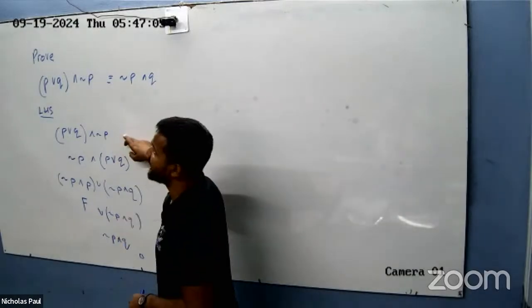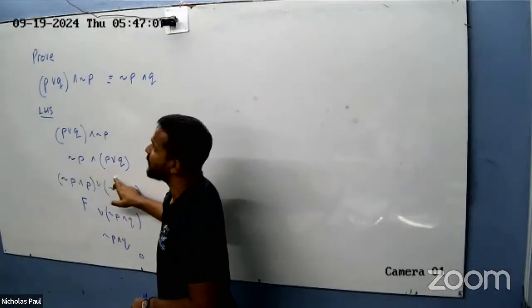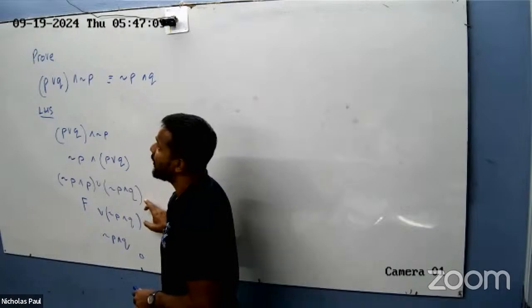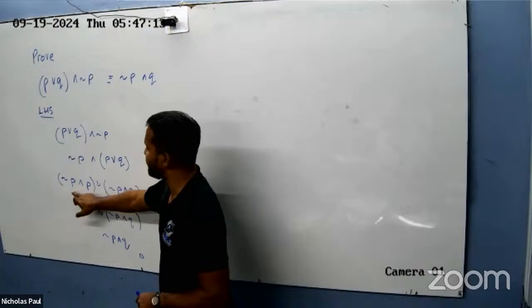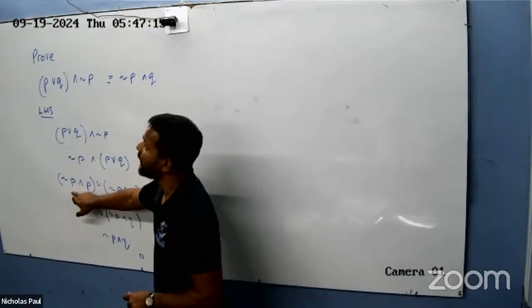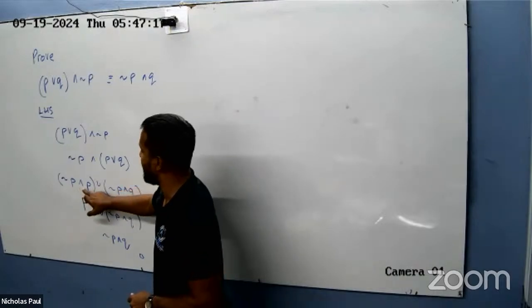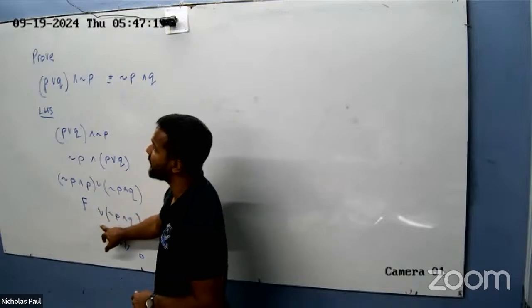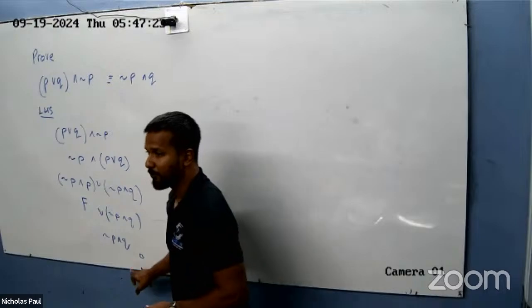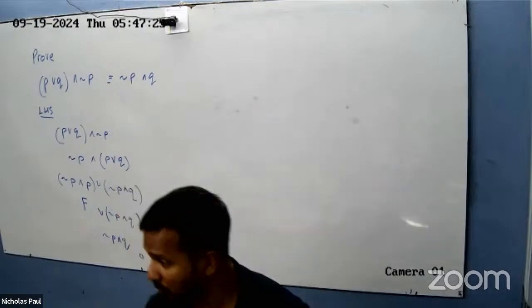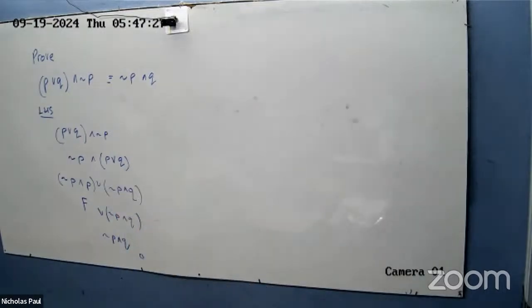Right, so the first thing I did, I just switched them around so I could apply the distributive law. When I applied the distributive law, I looked for the negation of P and P and found it's false. And we know that false or anything is anything. You have to look back at your rules, right?